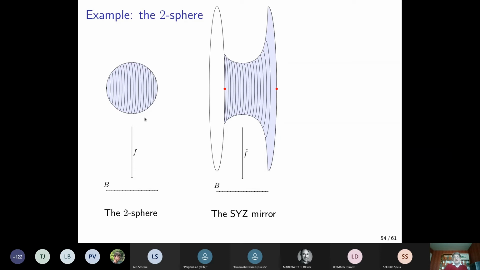They're the easiest tori that exist. It turns out that the small circles on this side should correspond to big circles on this side, and vice versa. And you see that as long as we stay in the regular part, let's say on this part of the base, nothing goes wrong on this side, consistent with the SYZ principle.